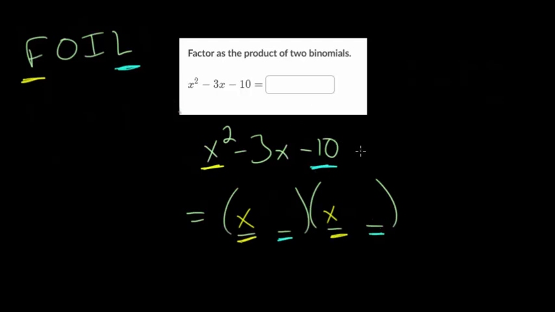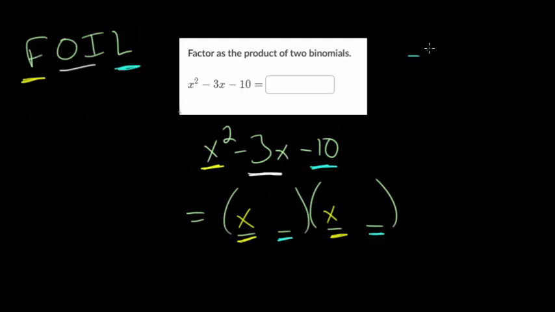At this point, we have to look at the different possibilities, because we also know that the outer and the inner terms right here are going to combine to form our minus 3x. But let's first think about which possible numbers can multiply to give us negative 10.